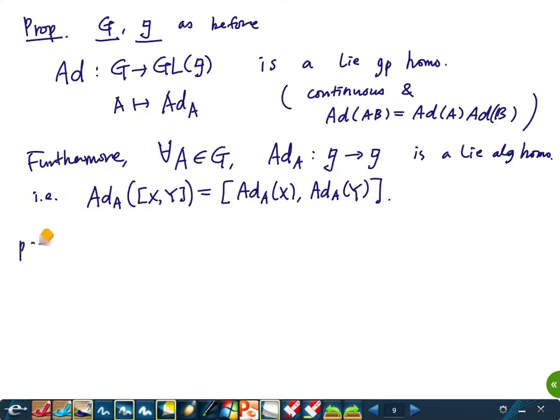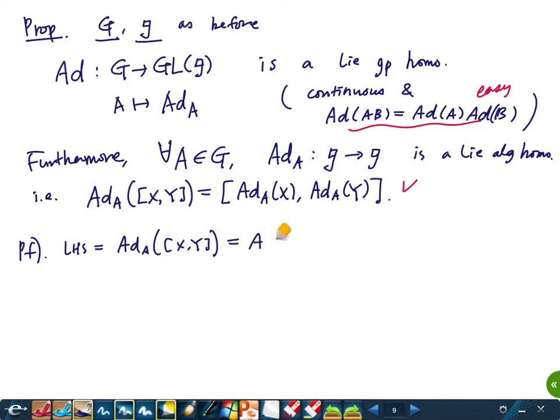Okay, let's see a proof. The first one is easy, so it's check easy. So we will check this. This is also easy, by the way. Okay, let's look at the left-hand side. So I'm trying to prove this. Left-hand side is, let me write, just use the definition. This is A something A inverse. That's the definition of this. But what about this?